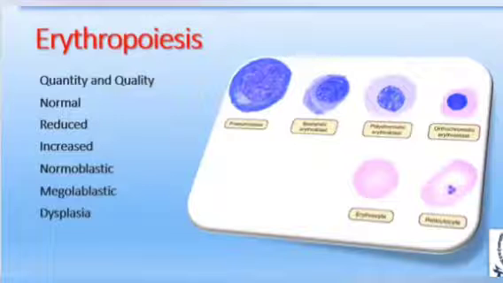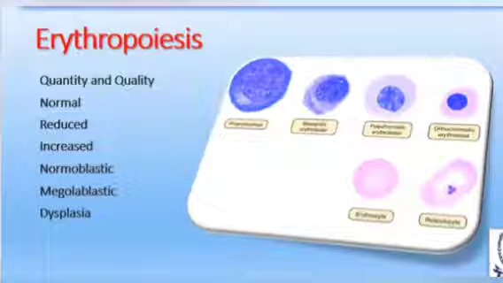You are looking for erythropoiesis. Note the quantity and quality of erythropoiesis, whether it is normal, reduced, or increased, and whether it is normoblastic or megaloblastic.